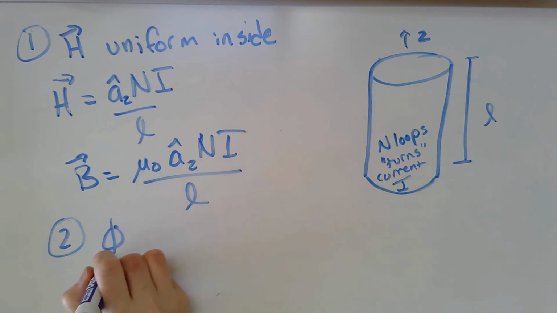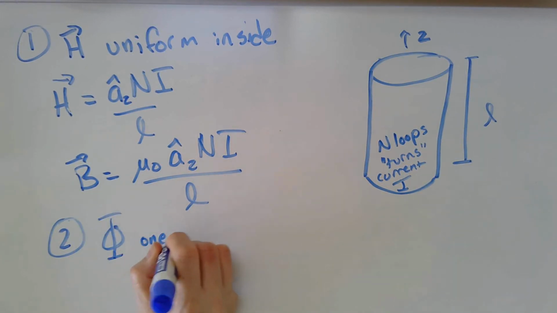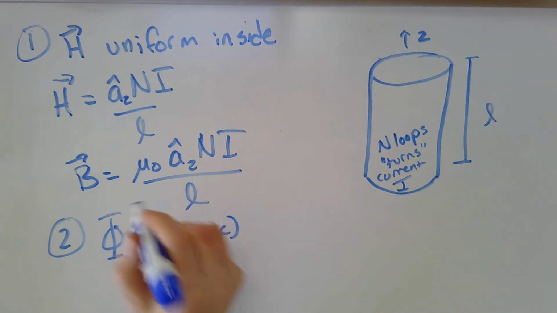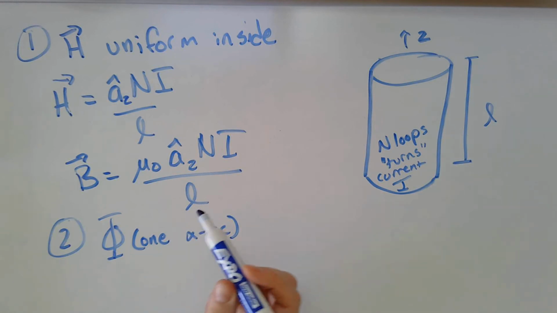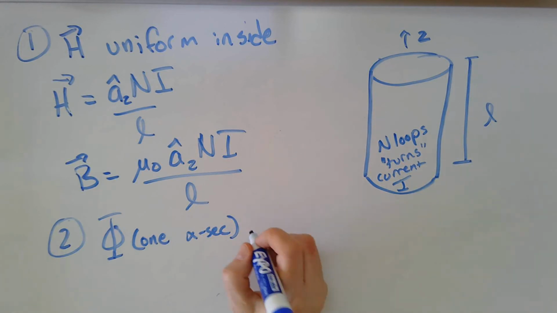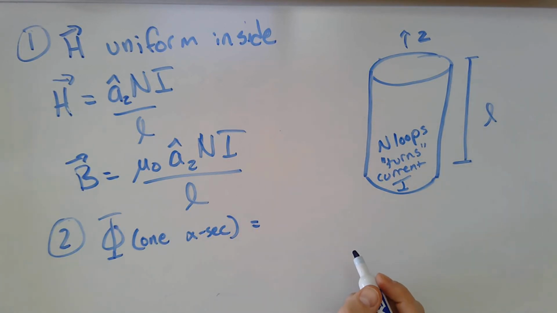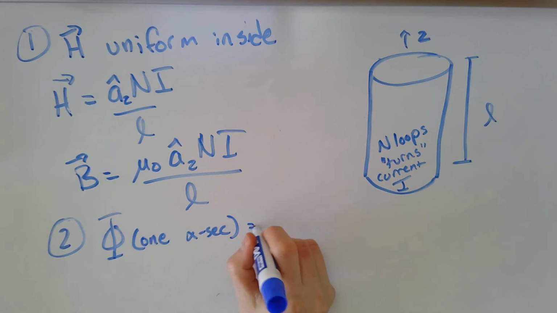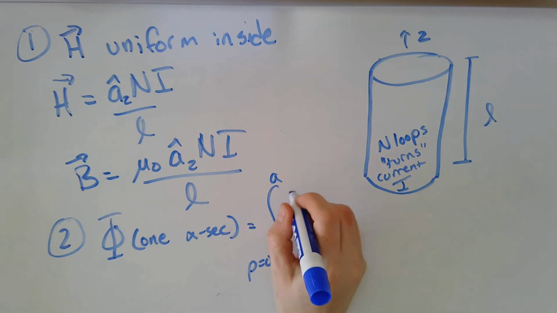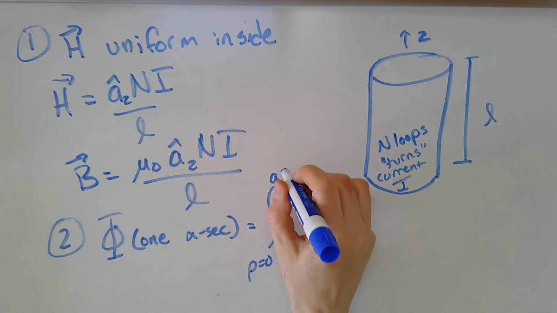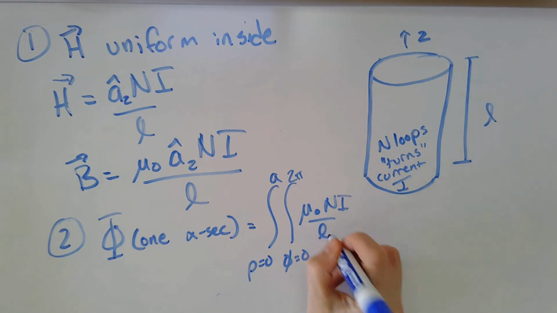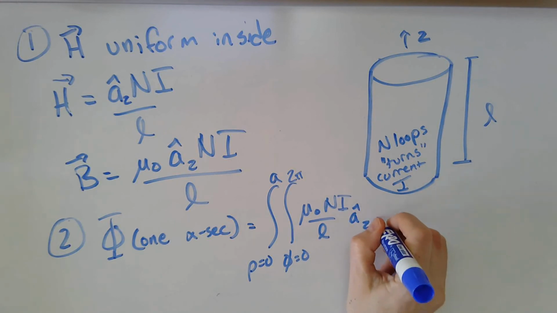The flux for one cross section, since H is uniform inside, is just going to be the magnetic flux density times the area. So I can write it out in integral form. It's the integral from rho equals 0 to a, if a is the radius, phi equals 0 to 2 pi, of mu naught N I over L a-hat-z dot ds, right?